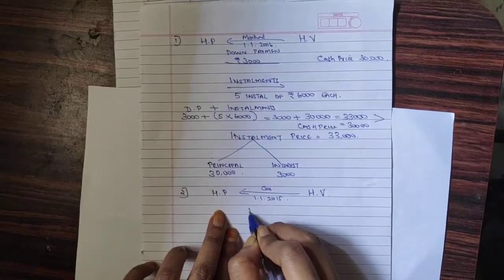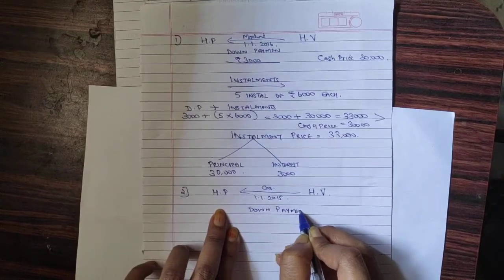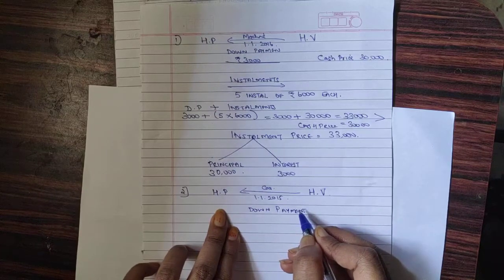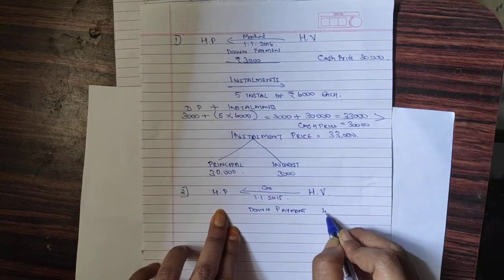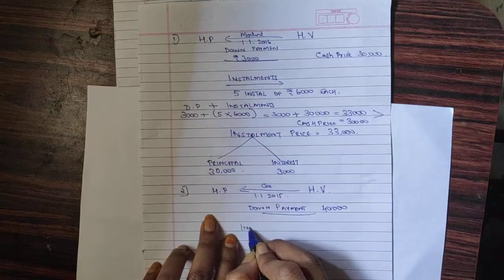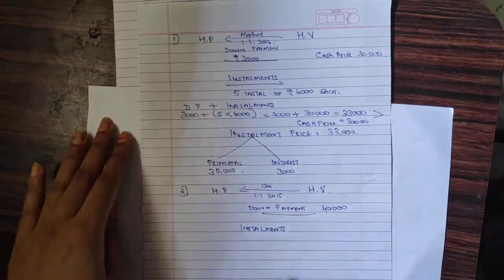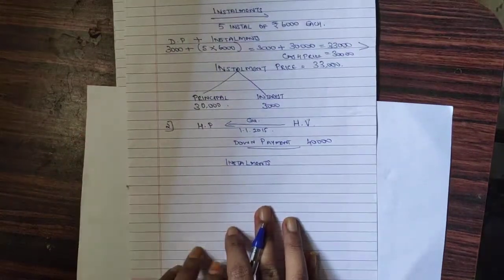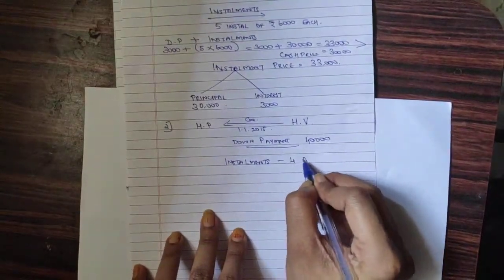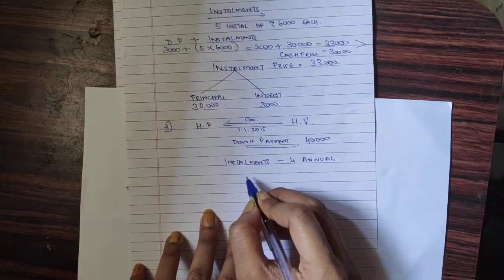The down payment is 40,000, and there are 4 annual installments of 25,000 each.